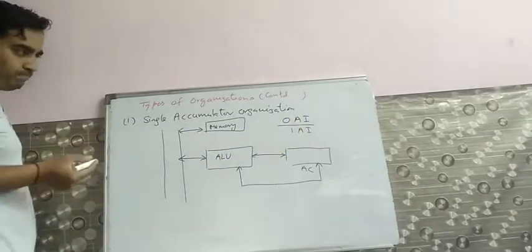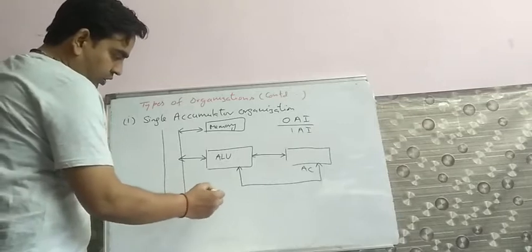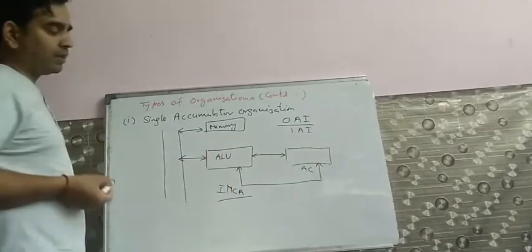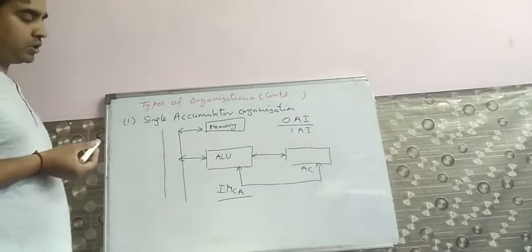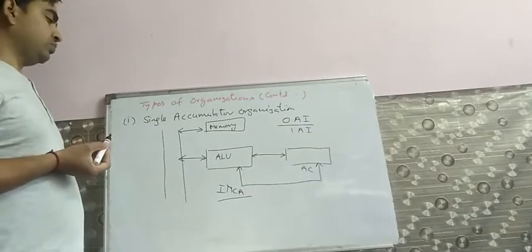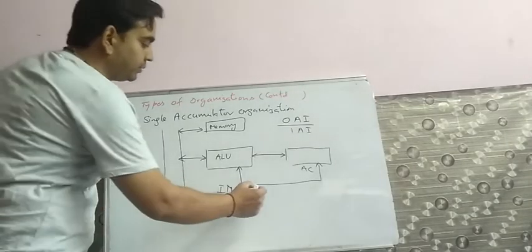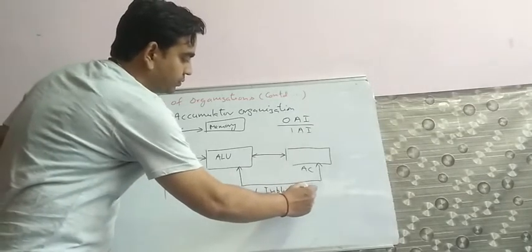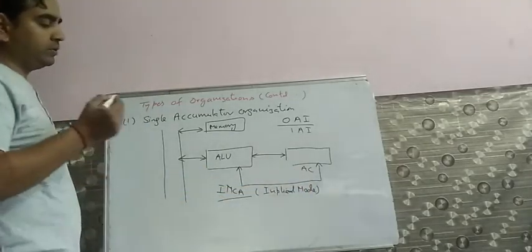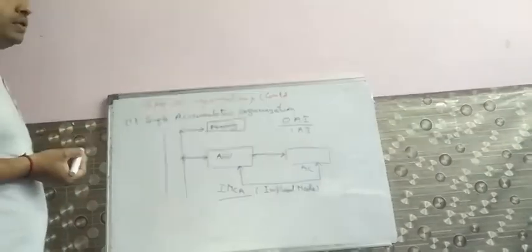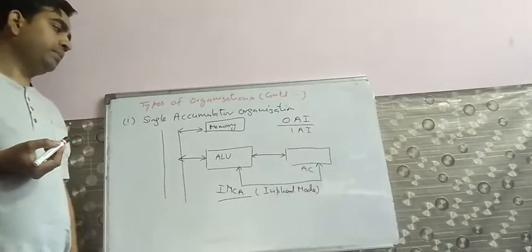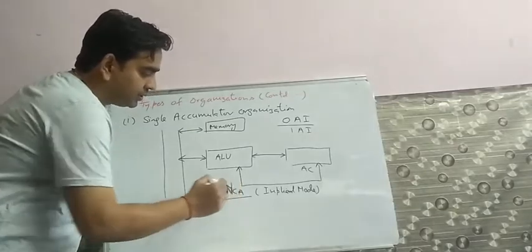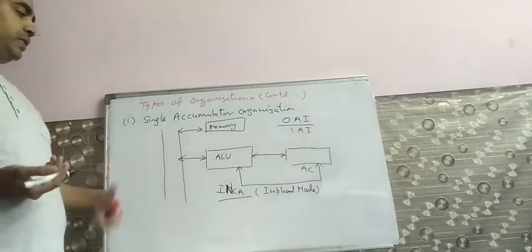For example, instructions like INCA, which we talked about in our previous video. This is an implied mode of instruction. I talked about it in addressing: it is an implicit type of instruction, INCA. It means that it is implicit.